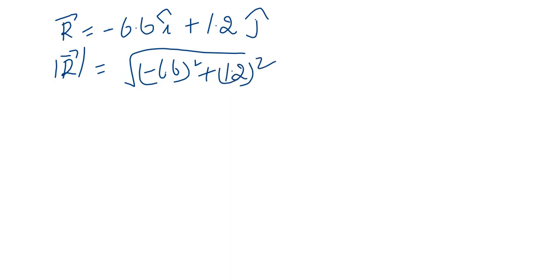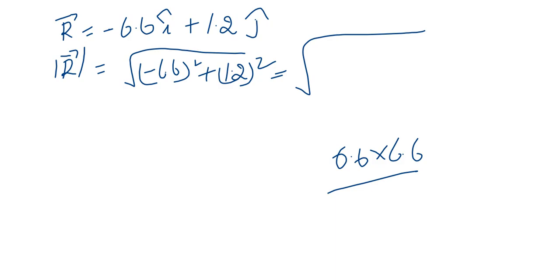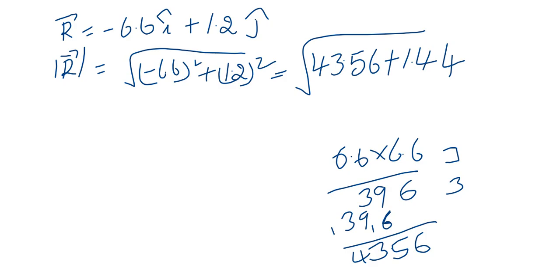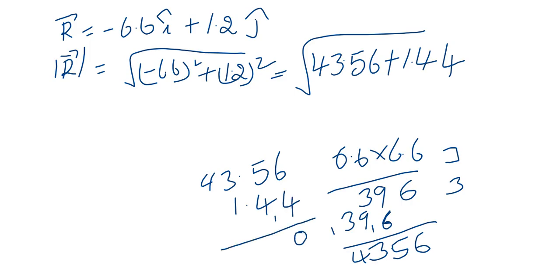Minus 6.6 squared is 43.56, and 1.2 squared is 1.44. 43.56 plus 1.44 is 45.